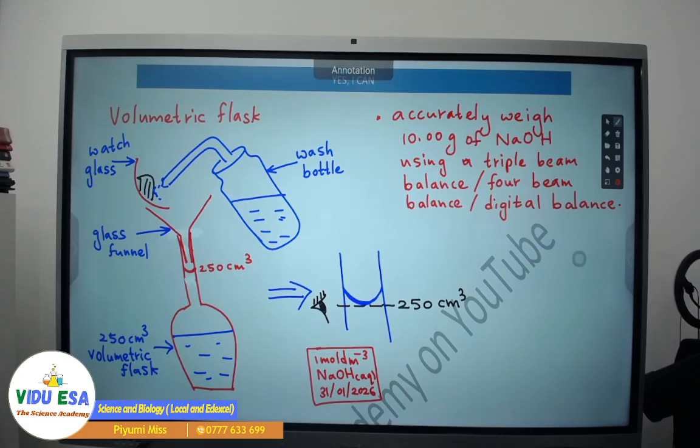So there is more contamination here, isn't there? From the container to the beaker, then beaker to the funnel and the volumetric flask. So you can do it directly.